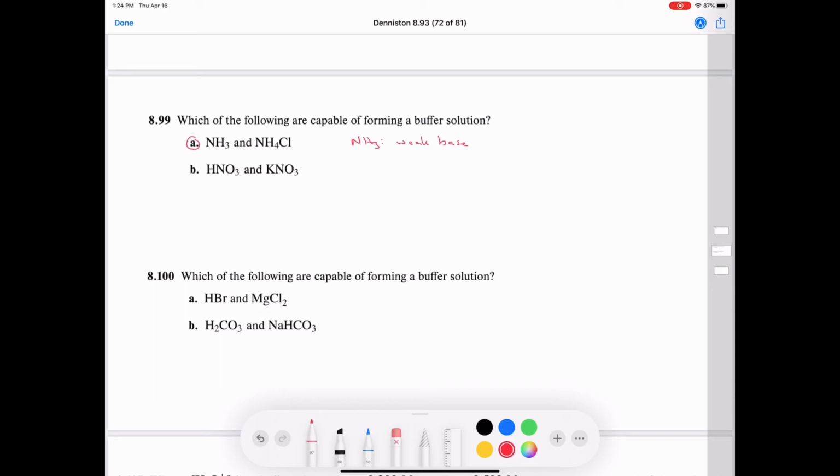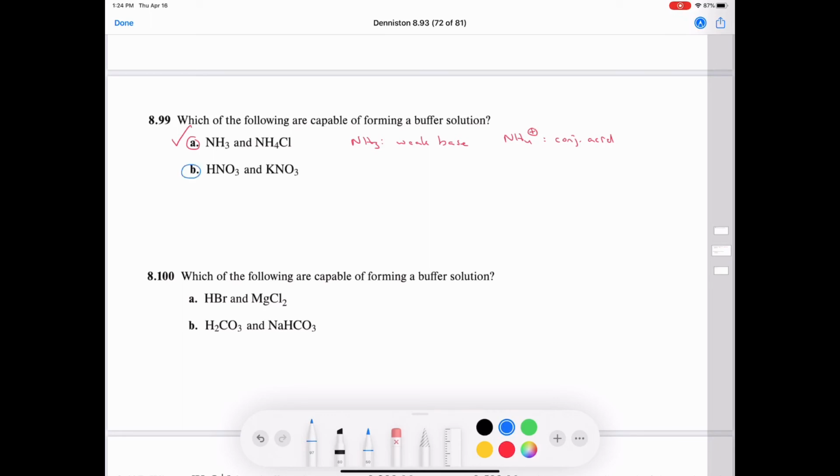And it just so happens that when ammonia, NH3, takes on a proton, I produce its conjugate acid, which happens to be ammonium. So this is my conjugate acid, and the conjugate acid will come in the form of a salt. And so ammonia and ammonium chloride will form a buffer solution.